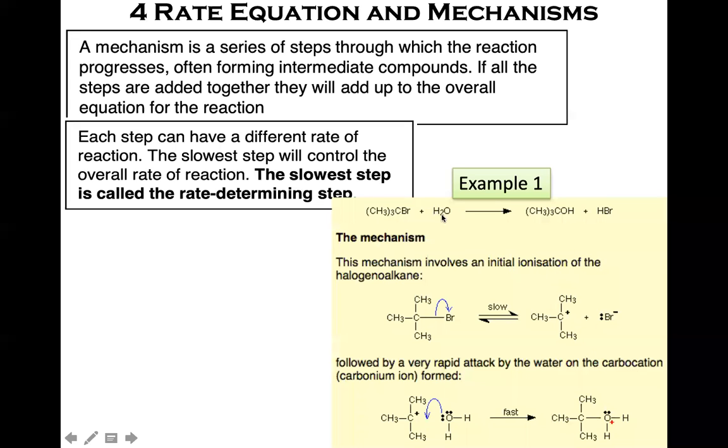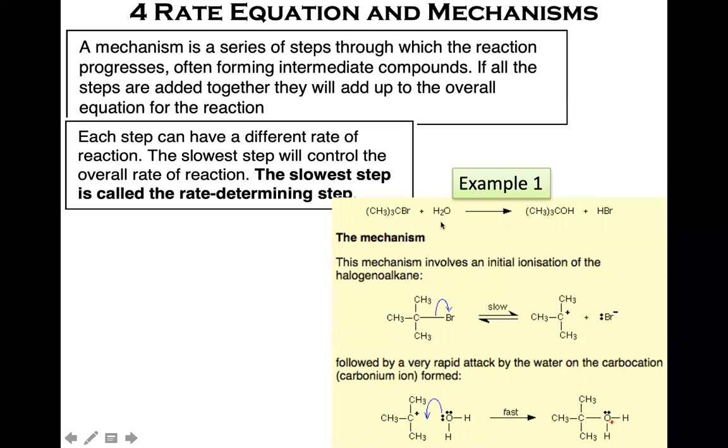Now, if we look at this equation of a bromo, 1,2-dimethyl bromoethane, I'm just going to call it haloalkane.